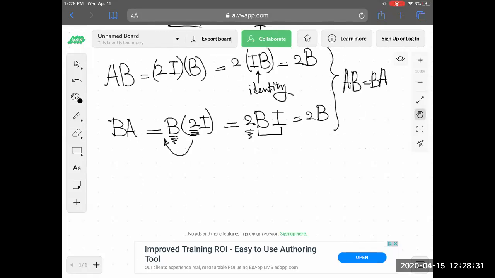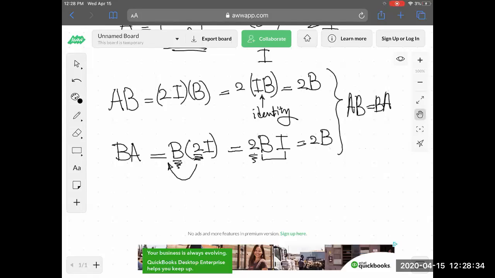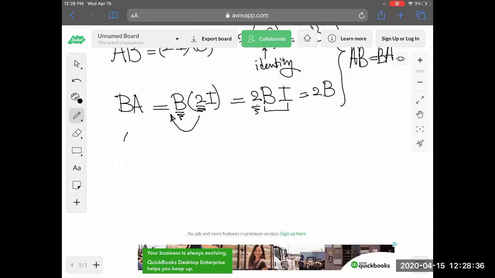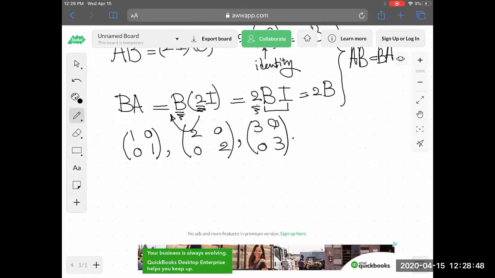Up to this point, we just showed this matrix commutes with everything. This matrix also commutes with everything. Of course, for example, 3003 is similar. As you can guess, any non-zero number A, the matrix A 0 0 A, commutes with everything.